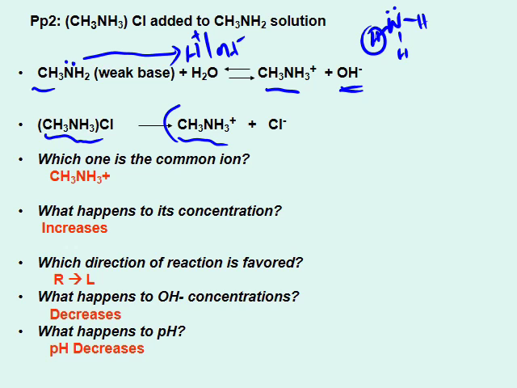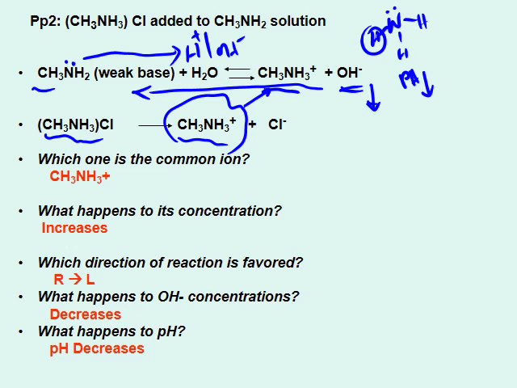So this is the methyl ammonium ion, and that's the common ion. And whenever you increase the common ion, again, equilibrium would be shifted from right to left. In this particular case, OH minus concentration would go down with time. Now, OH minus concentration going down means pH would go down.